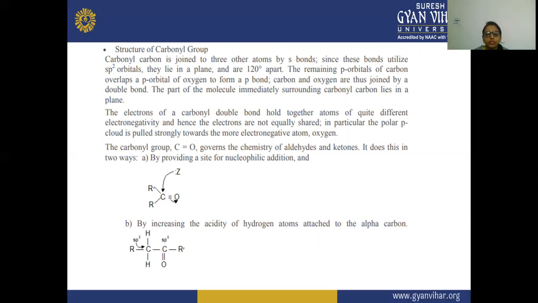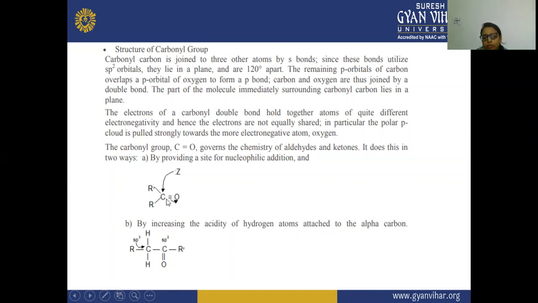The pi bond that is formed is pulled by the more electronegative oxygen.